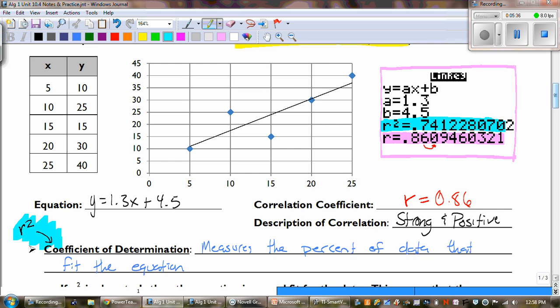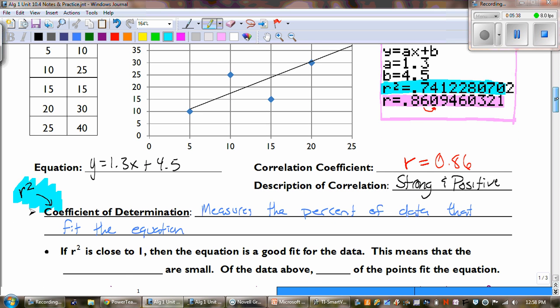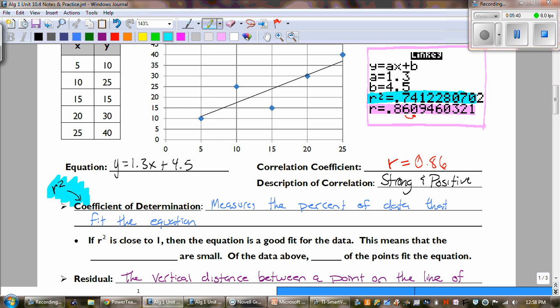So if R2, I'll zoom out a little bit so we can see everything, if R2 is close to 1, then the equation is a good fit for the data. This means that what we're talking about, the residuals, are small.